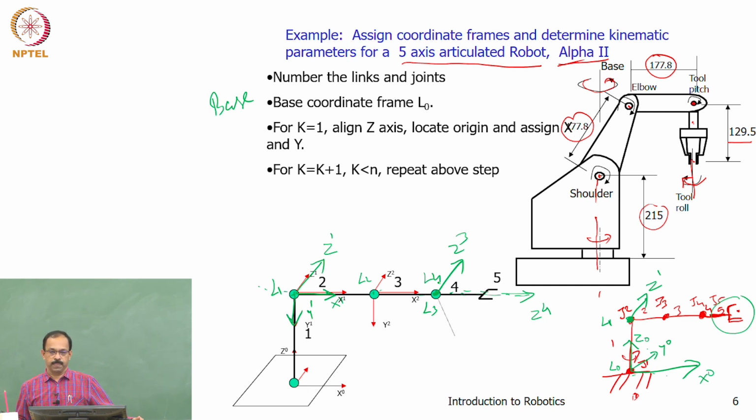So for clarity, I will just mark it somewhere here because I don't want to show both the frames there. So I will say that okay, it is the same point, but I am trying to mark it. So this will be Z4.